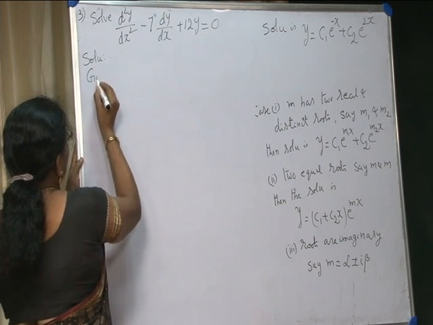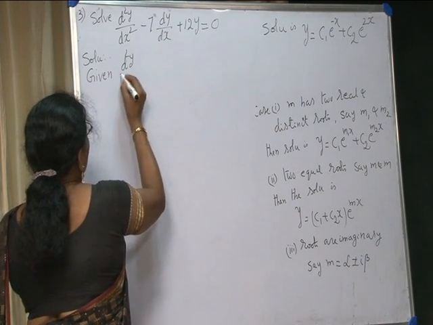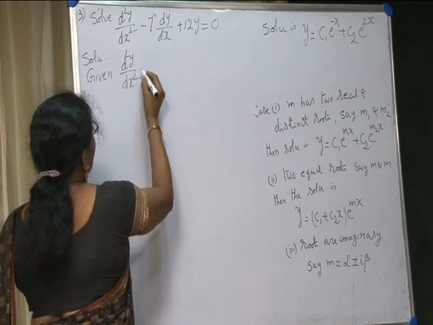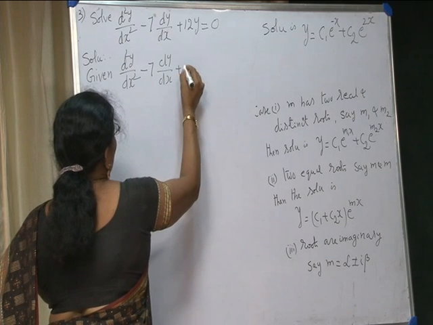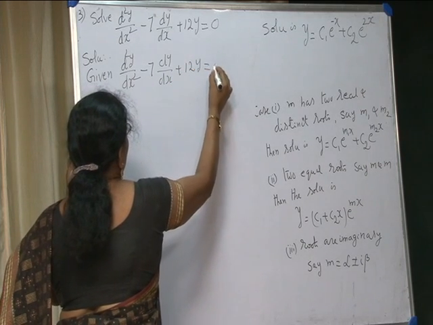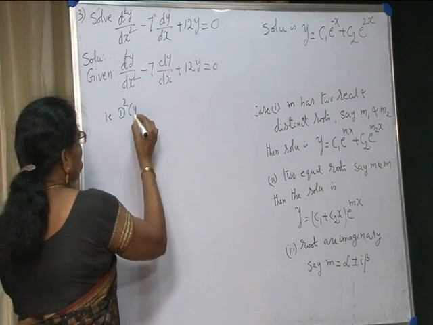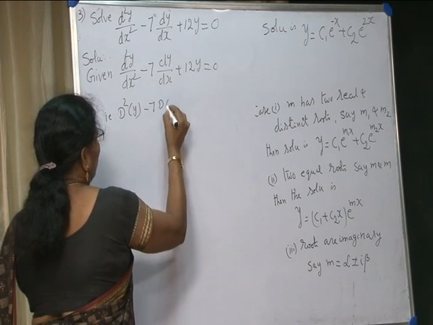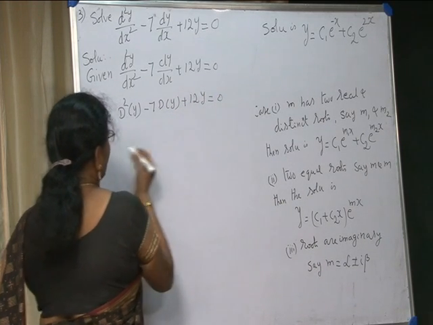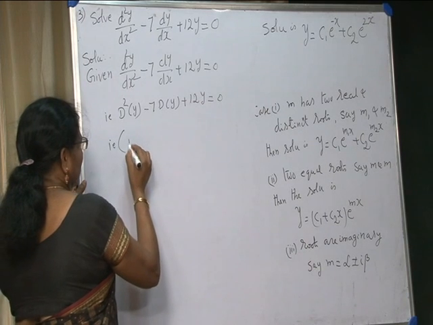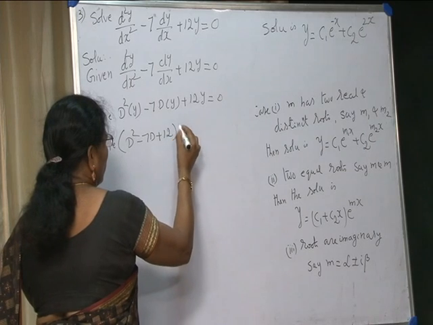Given d squared y by dx squared minus 7 dy by dx plus 12y is equal to 0. That can be written as d squared of y minus 7 d of y plus 12y, that is d squared minus 7d plus 12 of y is equal to 0.